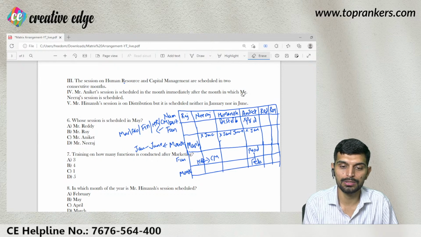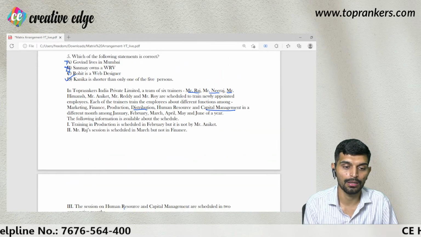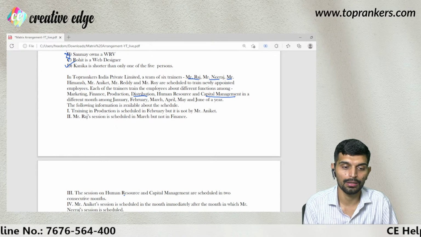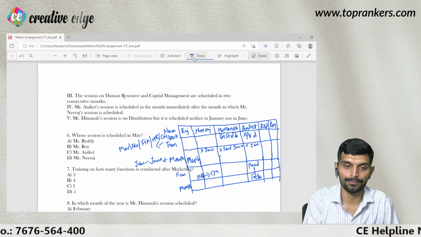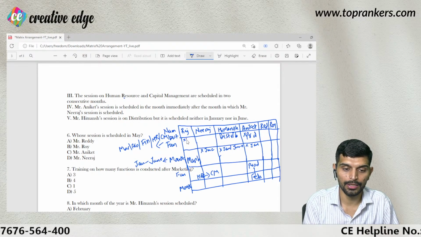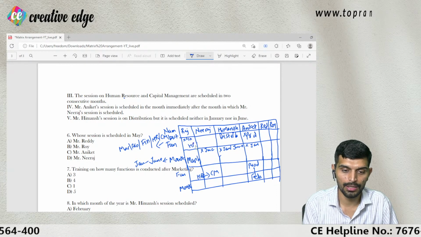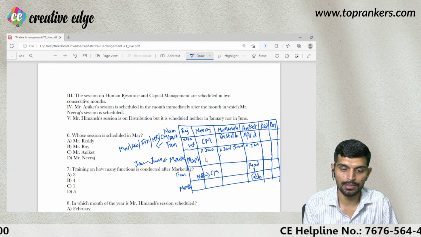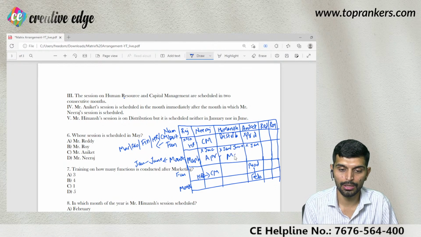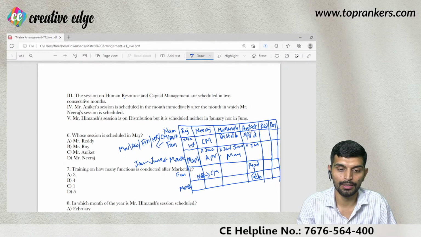Because HR and capital management are together. So Raj cannot take finance, HR if we assign HR to Raj and capital management to Neeraj. So Raj is in March, this will be in April, distribution in May, this cannot be in January, right?